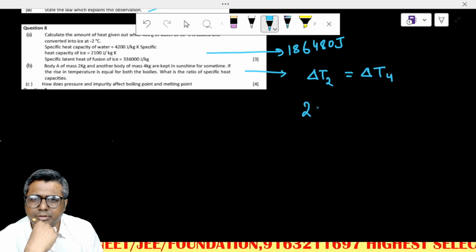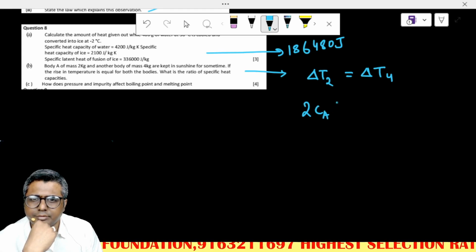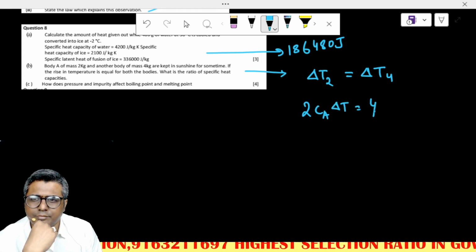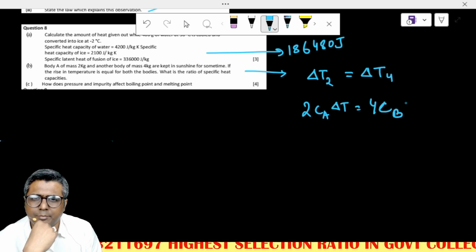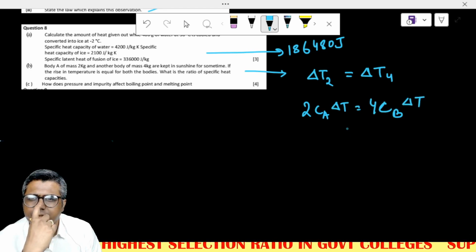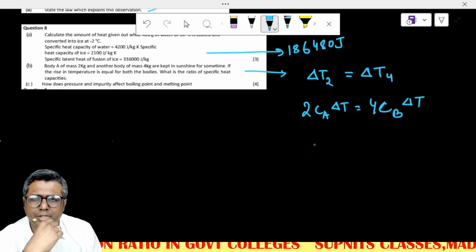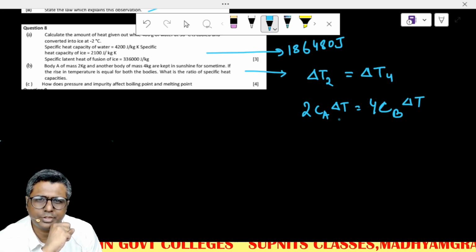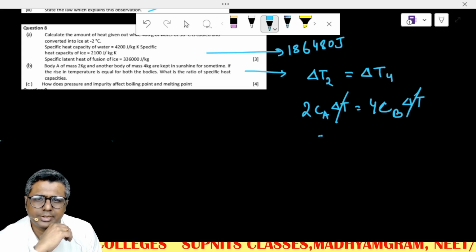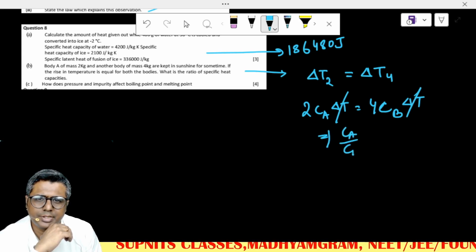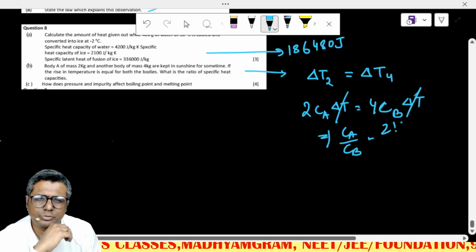So 2 into C of A delta T is equal to 4 into C of B into delta T. Find the ratio of the specific heat capacity. So I'll consider they have absorbed the same amount of heat over here. Delta T cancels out, so Ca by Cb will be 4 by 2, that is 2:1.